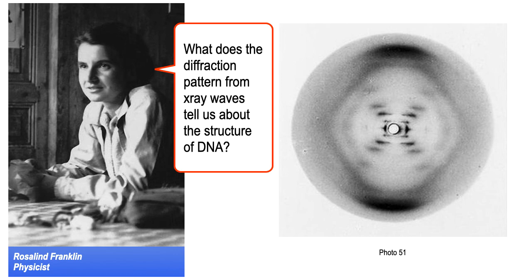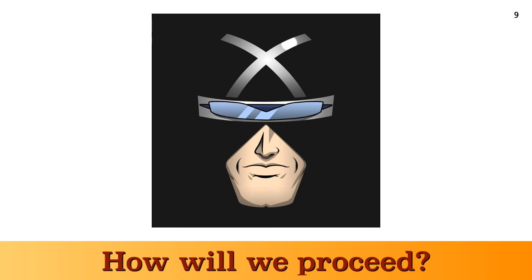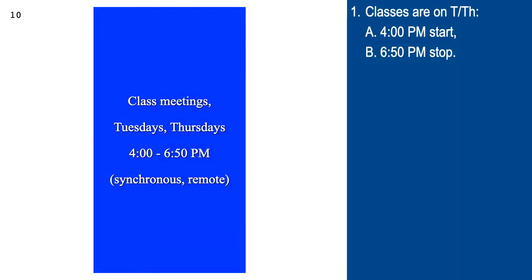Now, let's talk about the nitty gritty. Let's get down to the nuts and bolts of the semester because I'm sure grades are on your mind. So let's talk about the basics. We are a remote synchronous class. We're not a fully online W section.